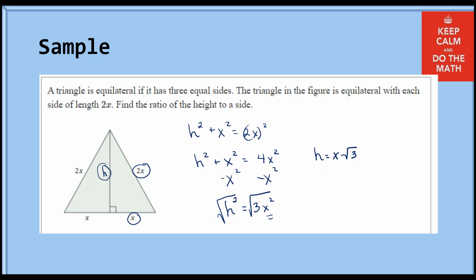To make things easier to see, you tend to want to put the x out in front of the square root of 3. Otherwise it might look like you're writing square root of 3x if you're not very careful with how you write your square root sign. So now I have this height here, x square root 3. The ratio of that height to a side is x square root 3 over the side of 2x. Now I need to simplify by reducing my x's, and I get the square root of 3 over 2.